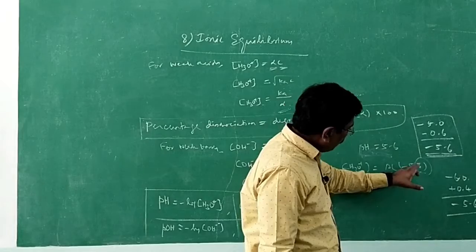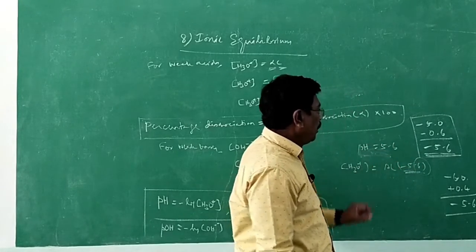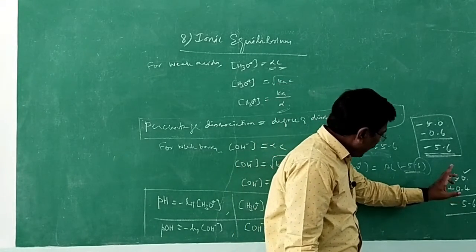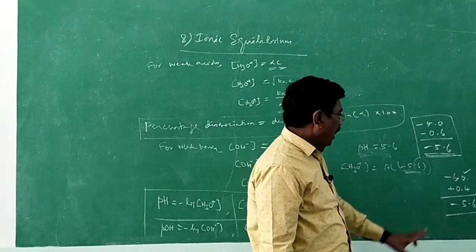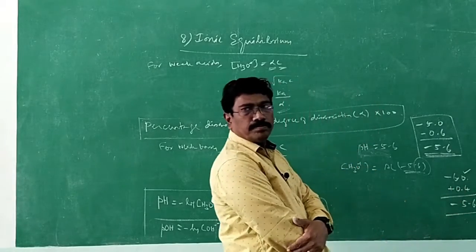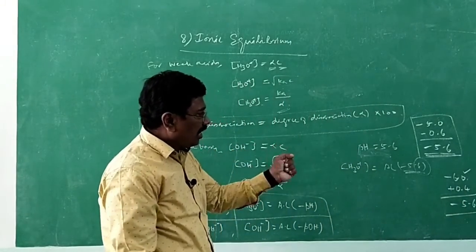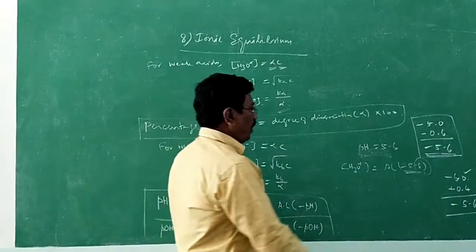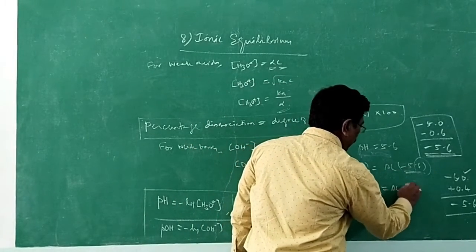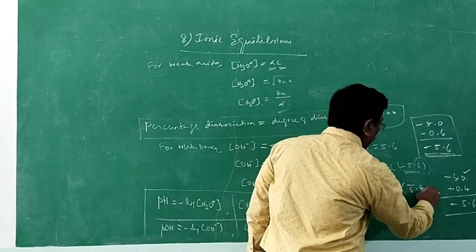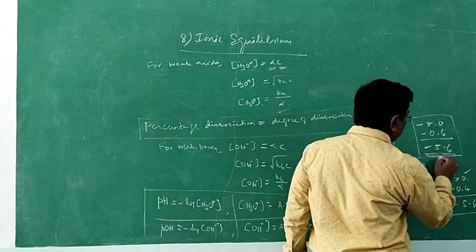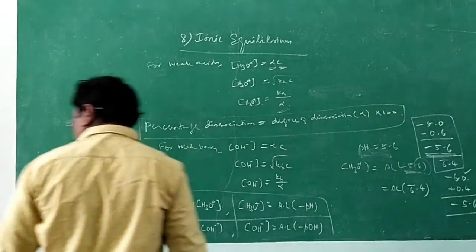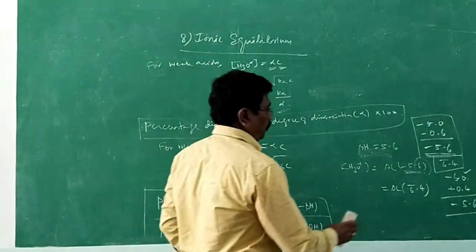So minus 5.6 can be given as a negative whole number and a positive decimal number. Minus 5.6 is nothing but 6 bar 0.4. Can you understand? So this conversion you need to know.